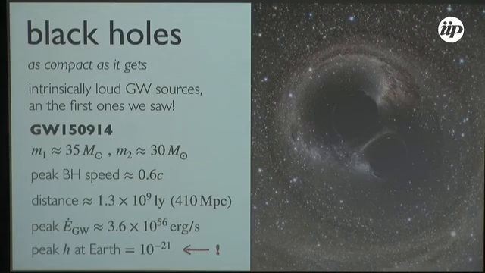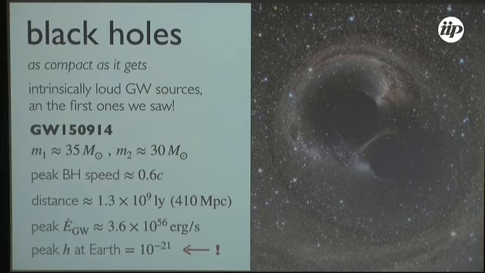At the peak of the gravitational wave emission, right before they collided with each other, they were going a bit over half, or 60%, of the speed of light. And this source was around 410 megaparsecs away, so very far away. So this has to be very loud so we could see it that far.